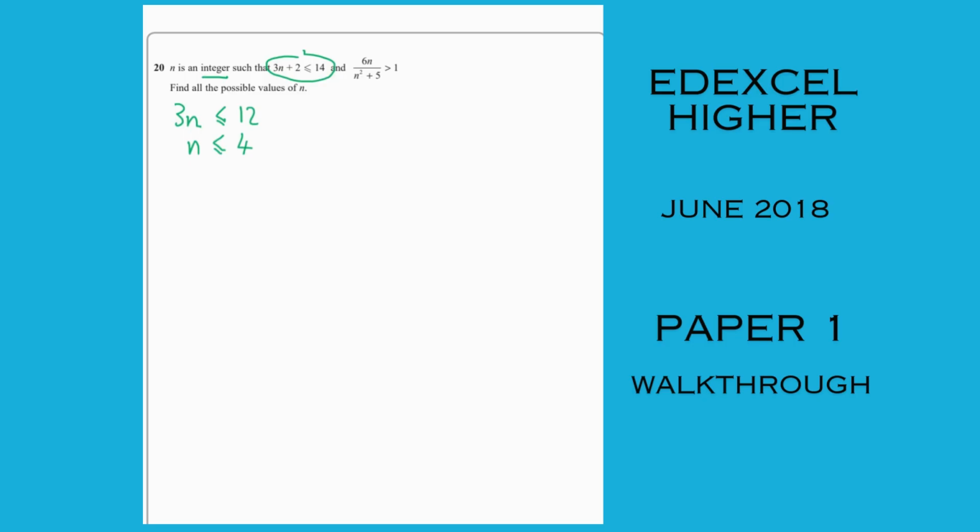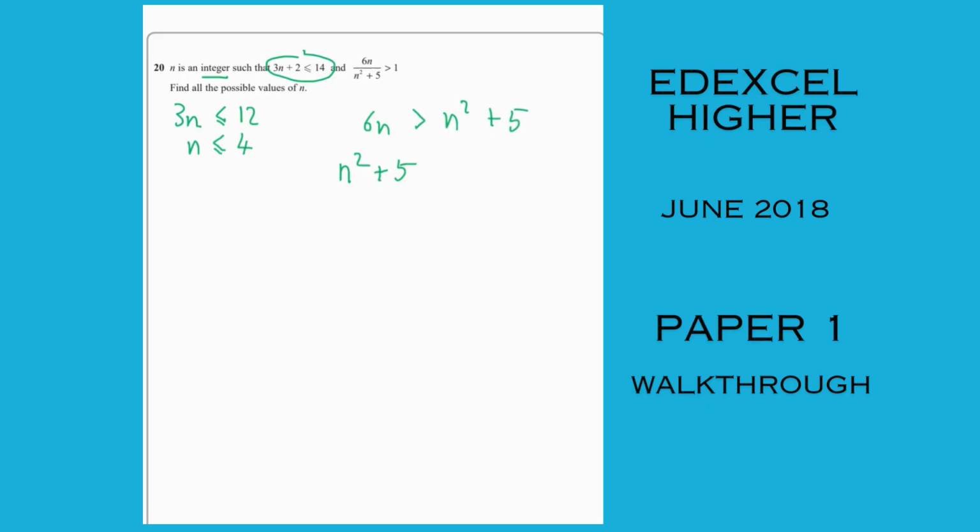Let's now move on to the slightly harder bit. Let's multiply both sides by n squared plus 5. Now, I'm never a fan of having the n squared on the right-hand side of an inequality. So I'm going to move them across.